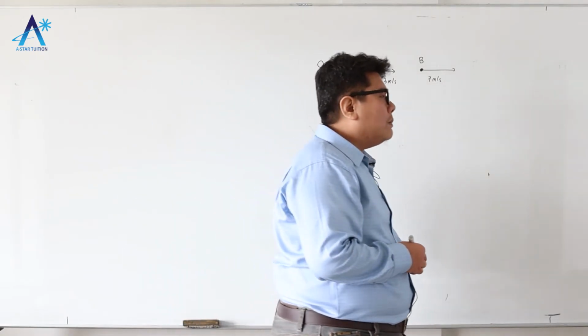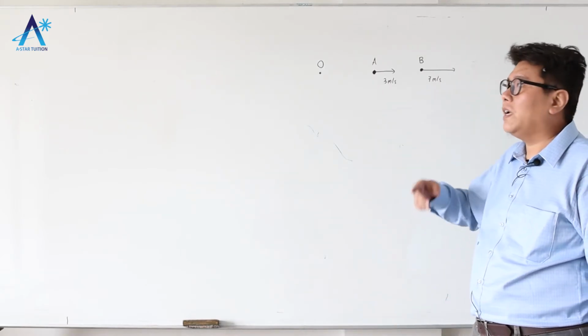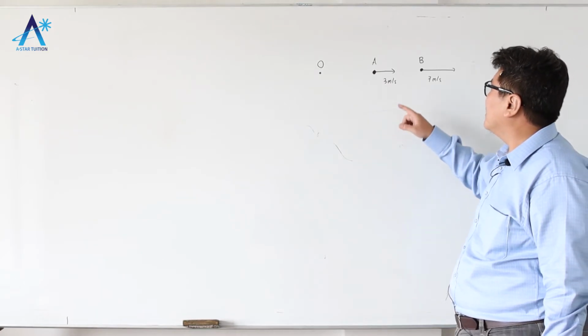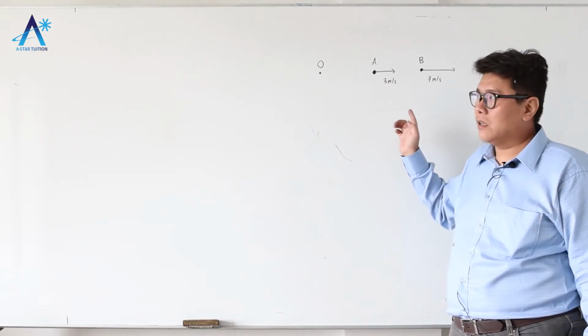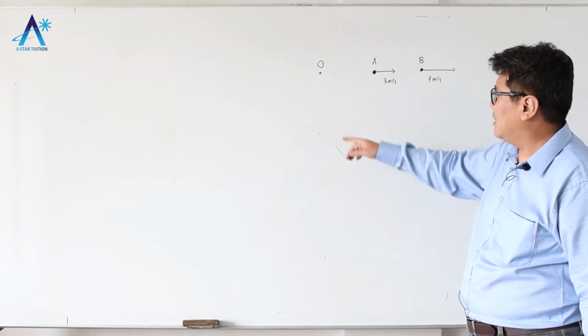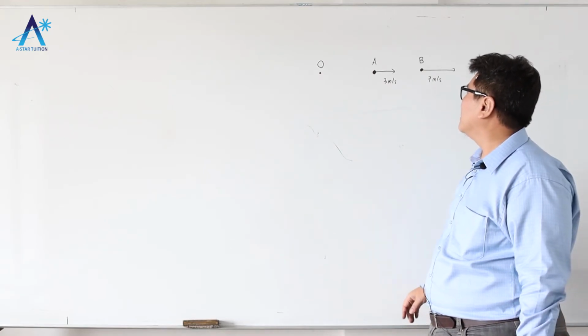But what about the velocity of B according to A, or vice versa? Here's the thing, A is not stationary. A is actually moving with respect to the rest frame, and B is also moving.